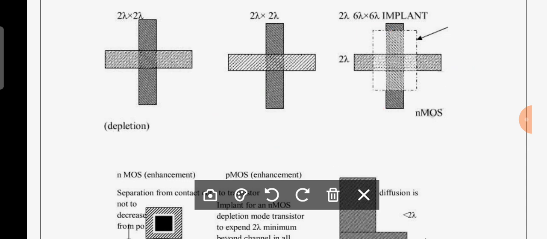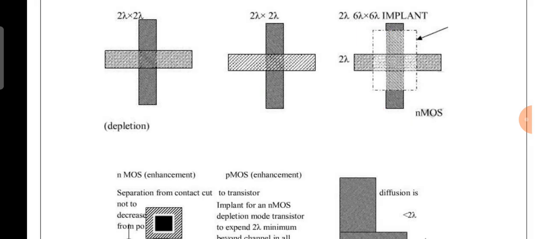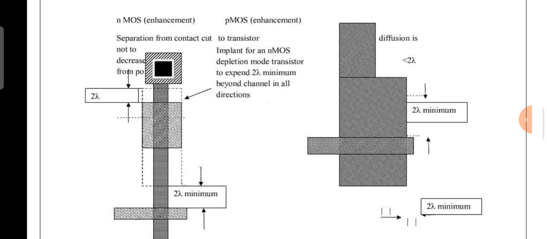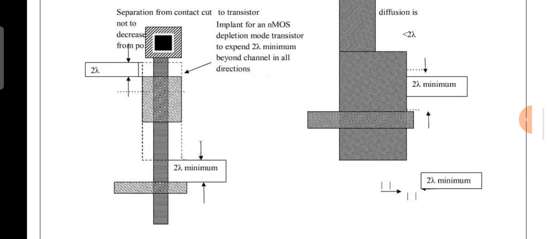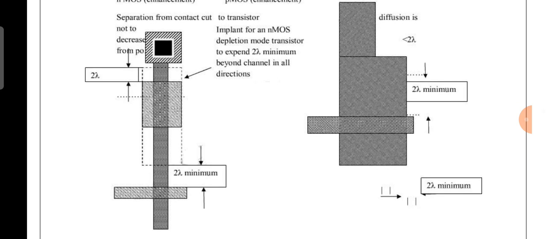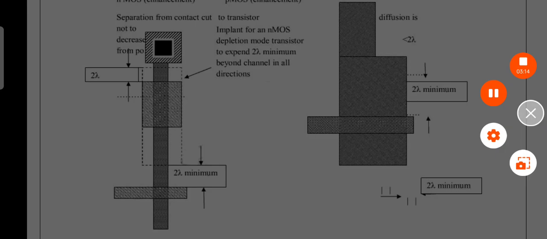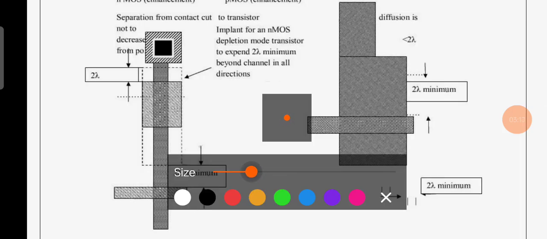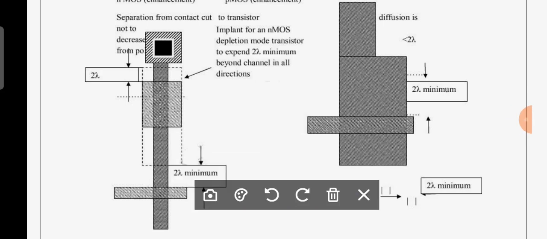Now we can talk about some other rules which are very important from the design point of view. You can observe this figure very clearly. Here there is a contact area, which you know is 4 lambda by 4 lambda, and the contact cut, which you know is 2 lambda by 2 lambda. The very important point here is that there is an implant.